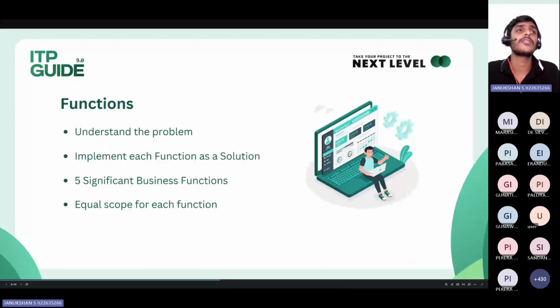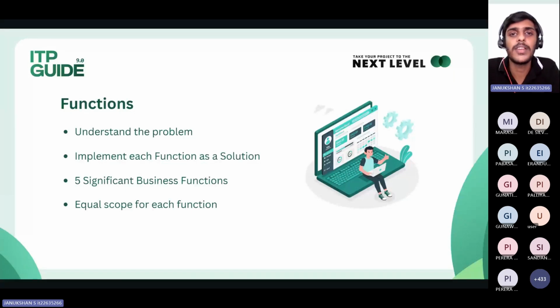And then, regarding the functions in your IT project, first understand the problem very well and then implement each function as a solution for the problem. As this is a 5-member project, basically there must be 5 significant business functions, one for each member. And I think you all know what a business function is. Basically, a business function defines a core process of the software which supports the business goal.